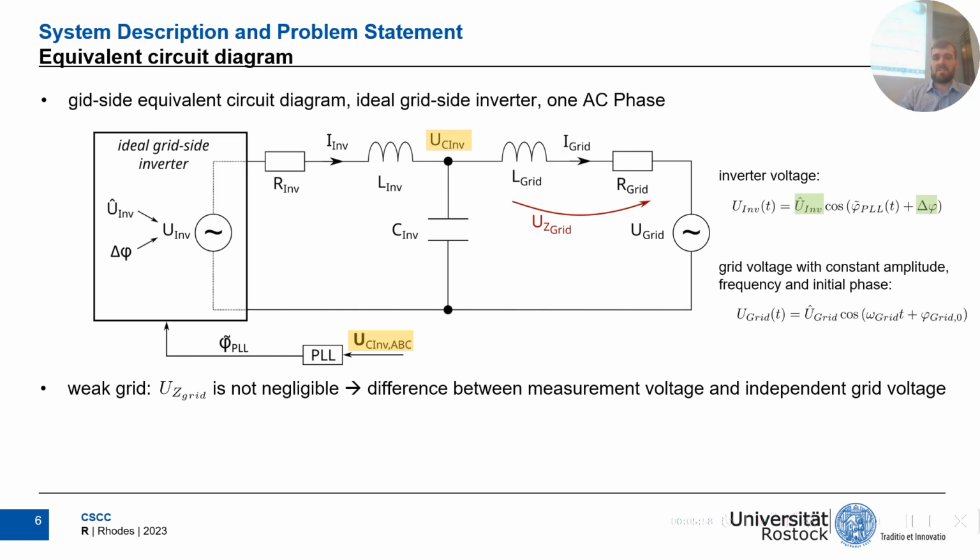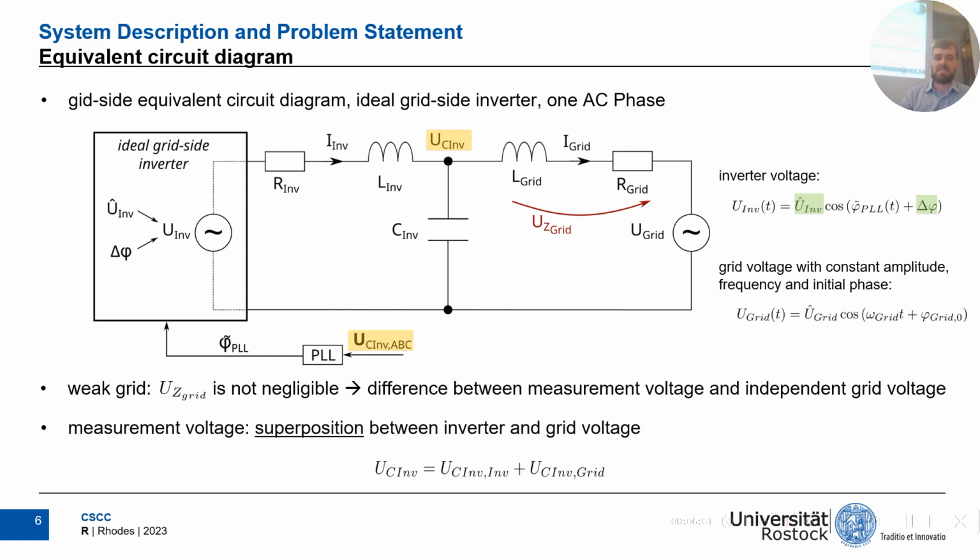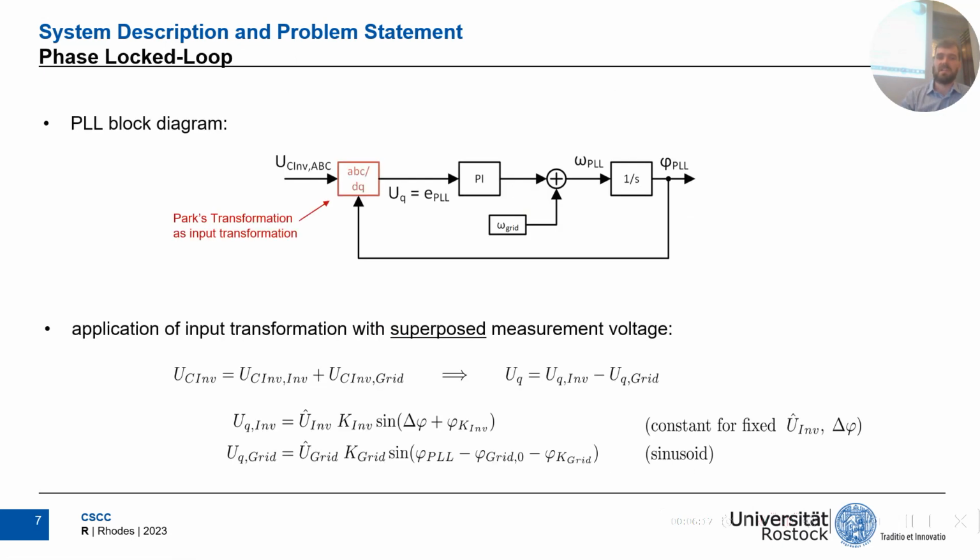And actually, we can go a little bit deeper and conclude that the measurement voltage is a superposition of the inverter voltage and the grid voltage. So one part of this measurement voltage depends on the inverter voltage and one part on the grid voltage. This, of course, has a consequence for the PLL, because when we apply the input transformation to this superposed voltage, we find that the signal UQ is also composed of two parts with the same structure.